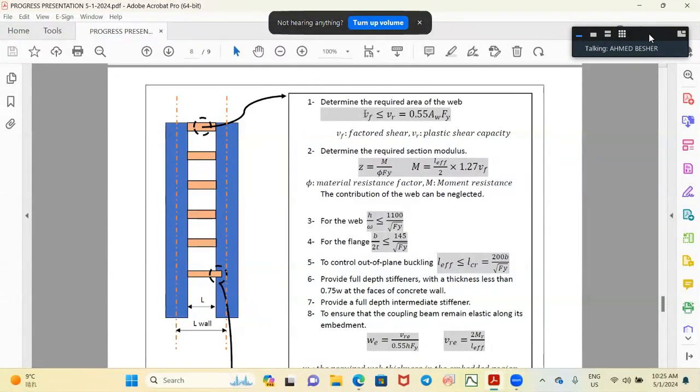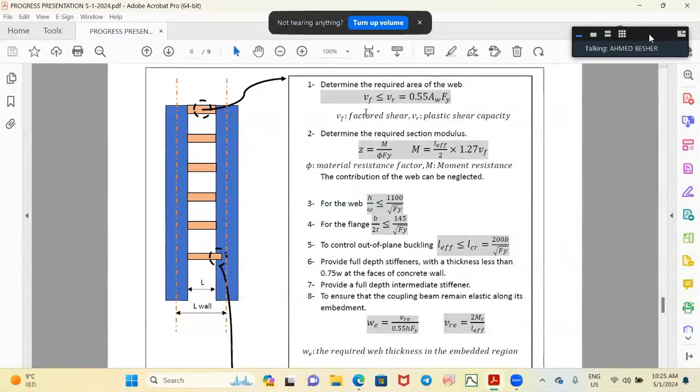To determine the required area of the web based on the plastic design from this relationship. Then to determine the required section modulus using the material resistance factor and the moment on the steel beam.